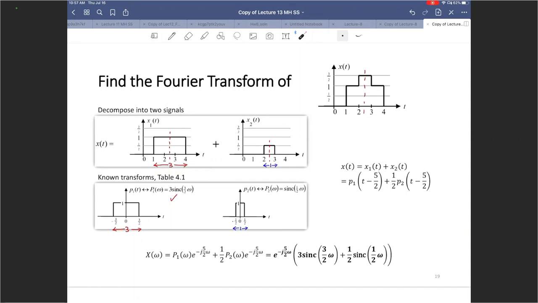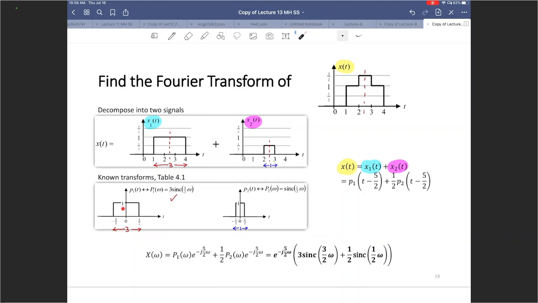Now we know that the signal x(t) is written as the summation of x1 plus x2. So I can use linearity here to write the Fourier transforms of x1 and x2. However, I have written x1 in the form of p1, where p1 is my standard result pulse. So what is the relationship between x1 and p1?